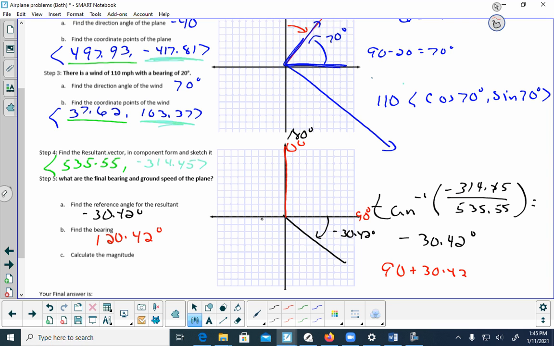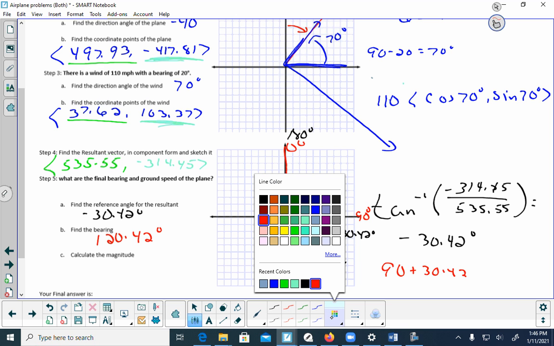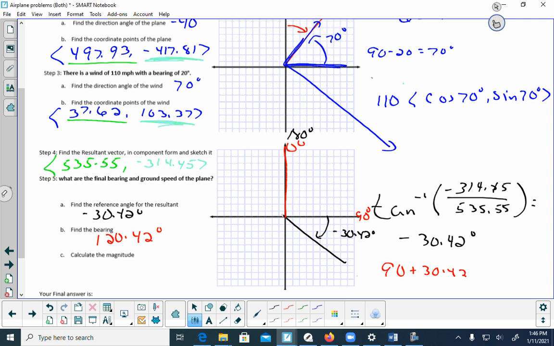I can leave it like that, and that's one answer that I can give. The other answer is I can say, well, I'm going south, and then I veer to the east a little bit. So I can say south, east, and then I have to find this angle here.